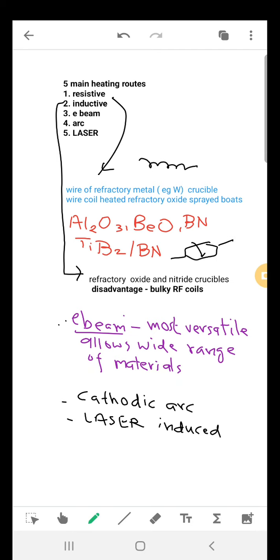Inside we put the evaporant, and this boat is made of insulating materials such as alumina, beryllium oxide, boron nitride, TiB2 and BN.